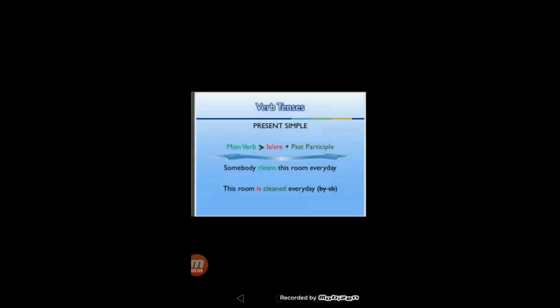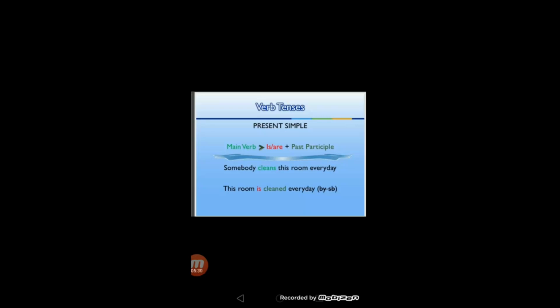Let's start with the present simple. In present simple, if we want to change from active to passive voice, we start with the object, then we use is for singular, and we use are for plural, then we add the past participle of the main verb.